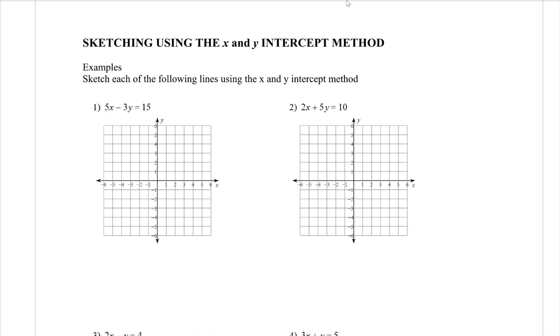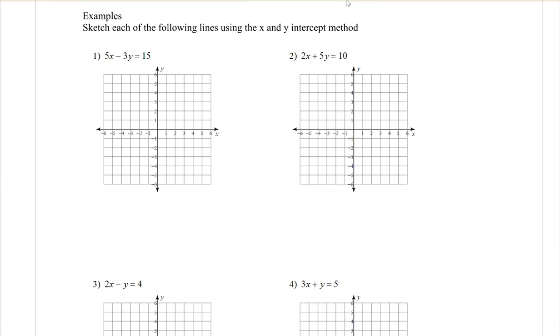You want to find the points where your line goes through the x-axis and where it goes through the y-axis. Just two little points that we have to find. To find where the line is going through the y-axis, you're going to substitute in when x is equal to 0.